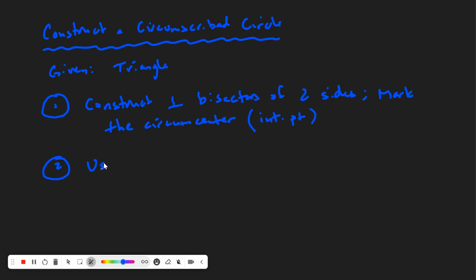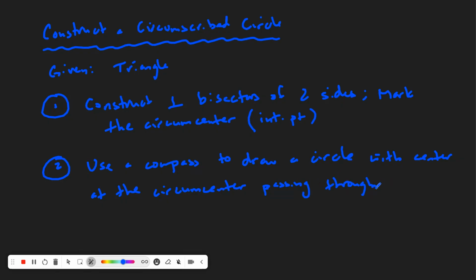And you're going to use a compass to draw a circle with center at the circumcenter, passing through all 3 vertices of the triangle.